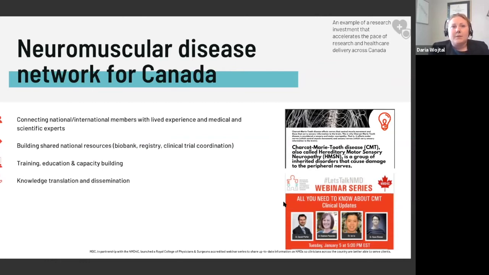And they aim to both build shared national resources, such as biobanks and registries, which are tools that are used in research, as well as clinical trial coordination amongst the various different neuromuscular clinics in Canada. They also aim at training, education, and capacity building.